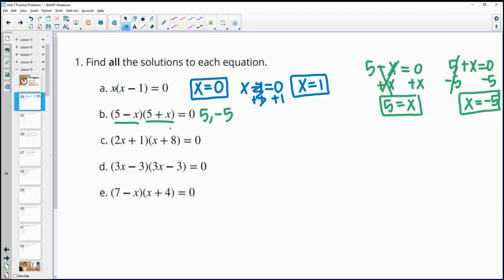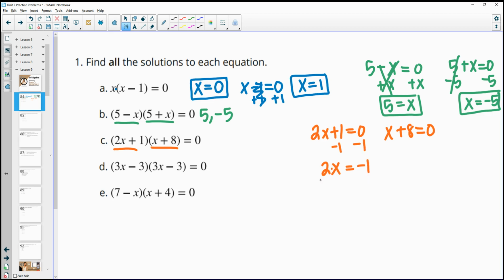Then for part C, we again have these two pieces. 2x plus 1 equals 0 would be one possibility, and x plus 8 equaling 0 would be the other. If we want to get x by itself here, we can subtract 1 from both sides, which leaves us with just 2x on the left, since 1 plus negative 1 is 0. Then 0 minus 1 is negative 1.